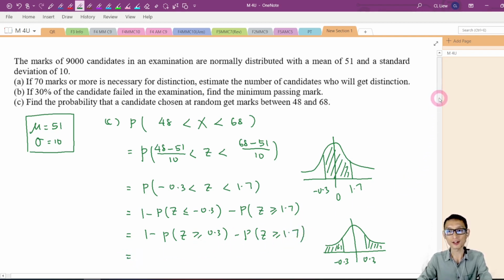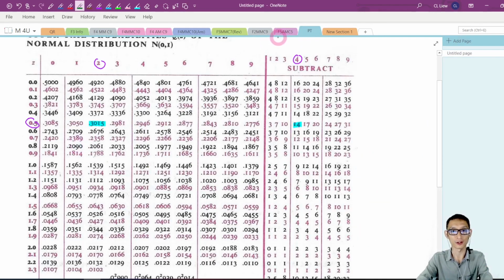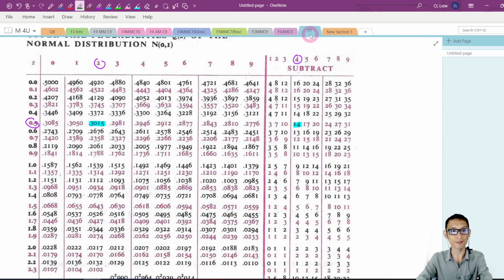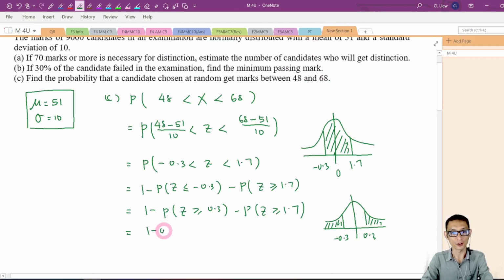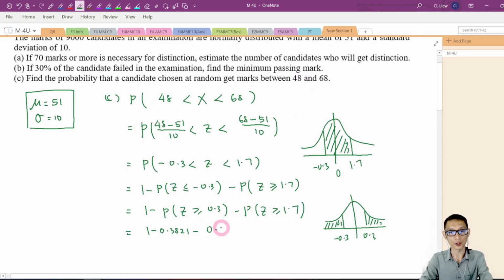Now you can get the answer from the table. 0.3 and 1.7. Okay, 0.3 is 0.3821. 1.7, which is over here, 0.0446.